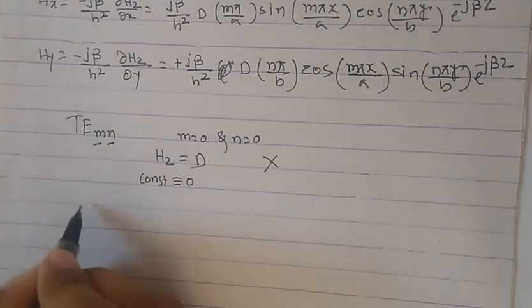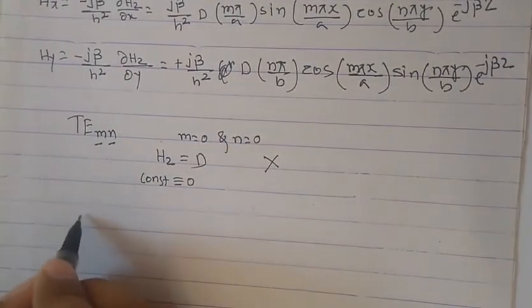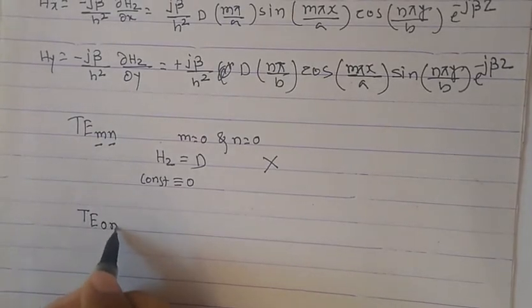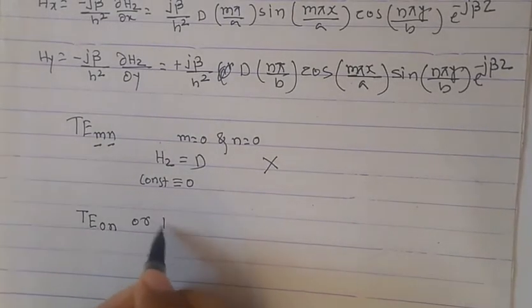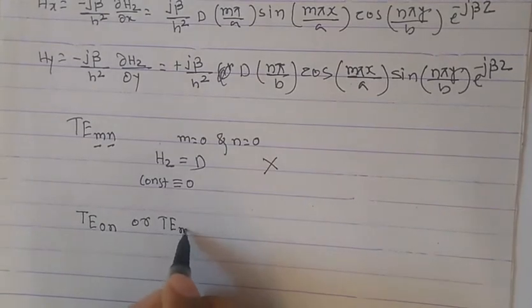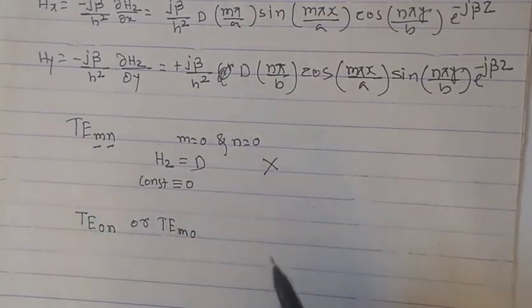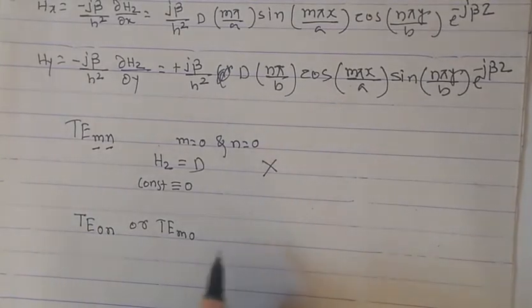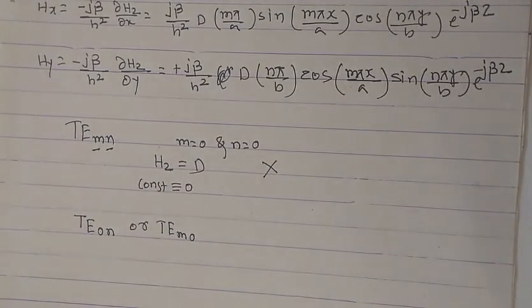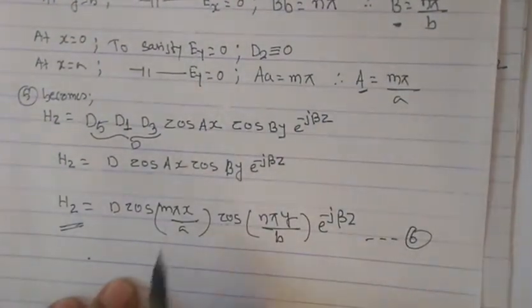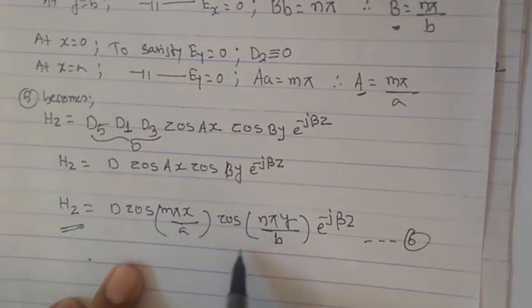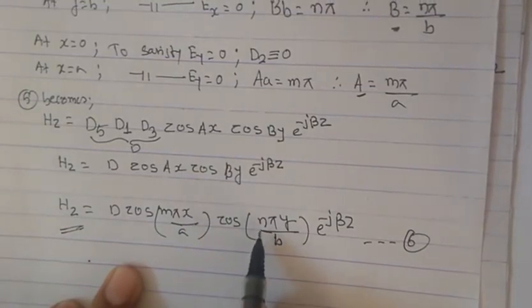Let us say you have TE0n or TEm0, means of these indices, one is 0 and the other one is non-zero. So come here, let us consider your m is 0. So the field will survive because you have n non-zero.